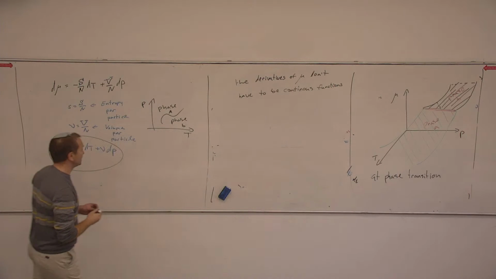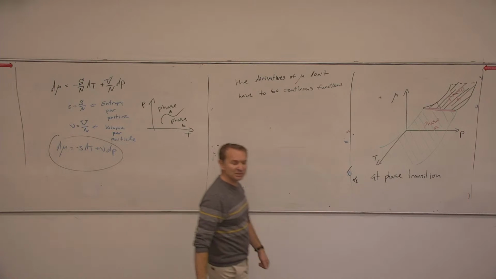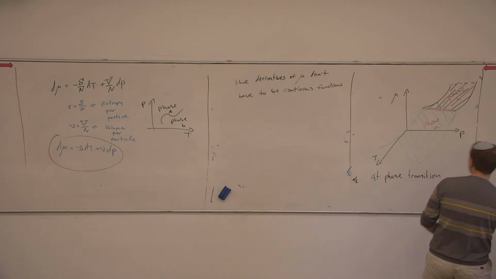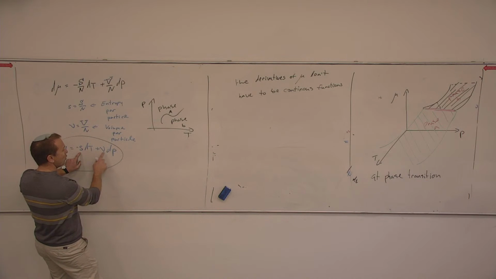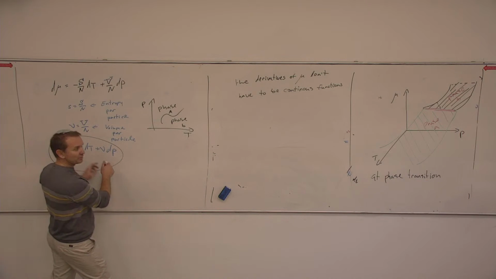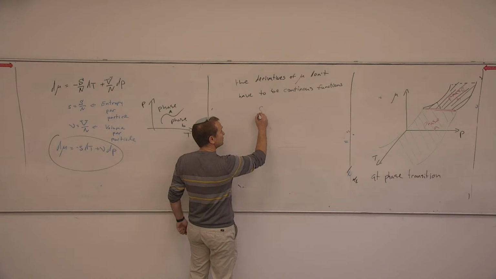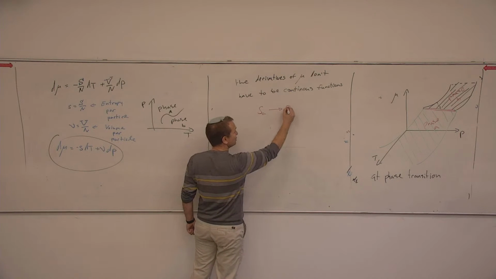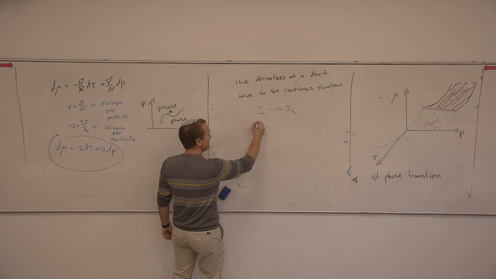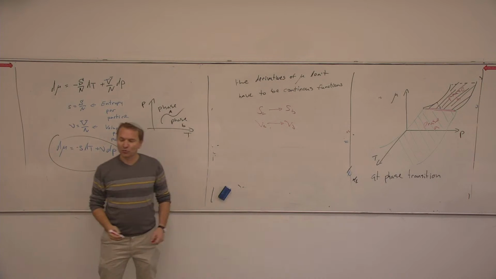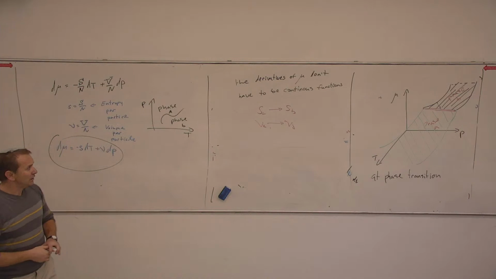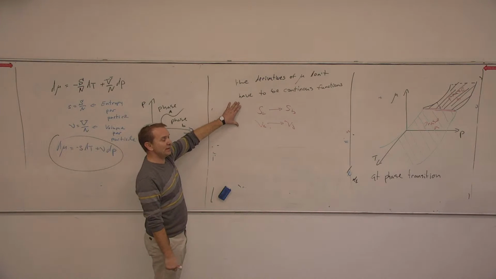What it means is that there are some specific situations where we are going to see an abrupt jump of the entropy or a jump of the volume per particle. So s_A is going to jump to s_B, and mu_A is going to jump to mu_B, as we've seen for the van der Waals gas. This is what happens at a phase transition.